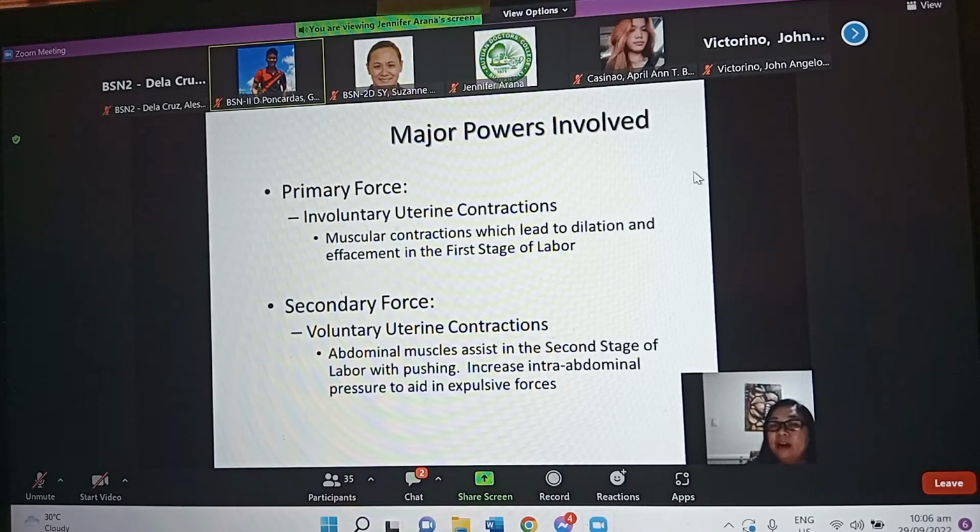Secondary force, the voluntary contraction exerted by the maternal bearing down, or the abdominal muscles assist in the second stage of labor while pushing. Pag-ire sa mother, which increases the intra-abdominal pressure to aid in the expulsive forces.